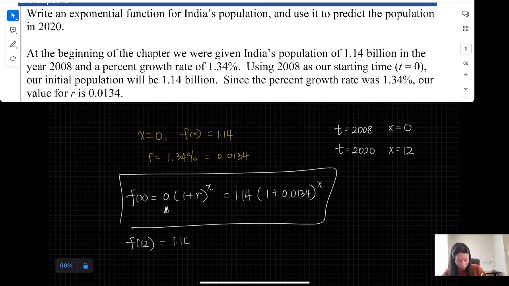So I have 1.14 times (1 + this number)^12, and you use a calculator to calculate that. Remember, you need to follow the order of operations: calculate everything inside the parentheses first, then the exponent, and then do the multiplication. All right, I'm going to skip the calculation. This is going to be 1.337 billion in the year 2020.